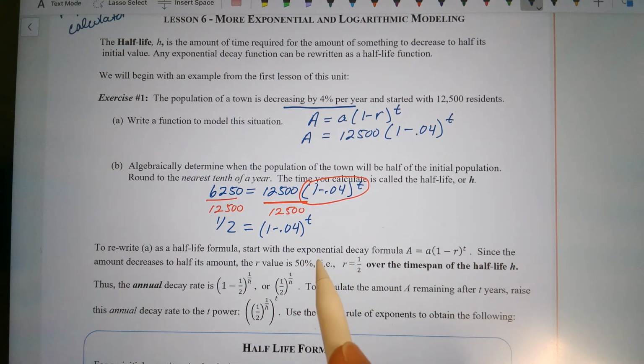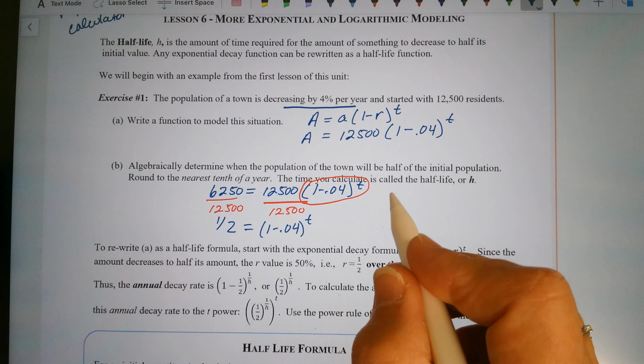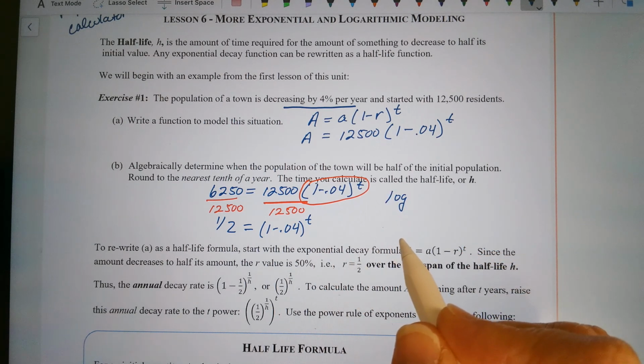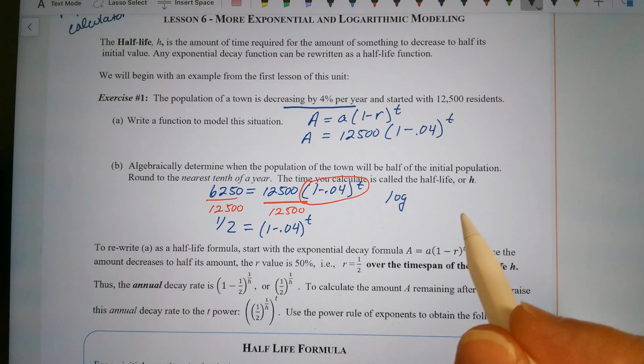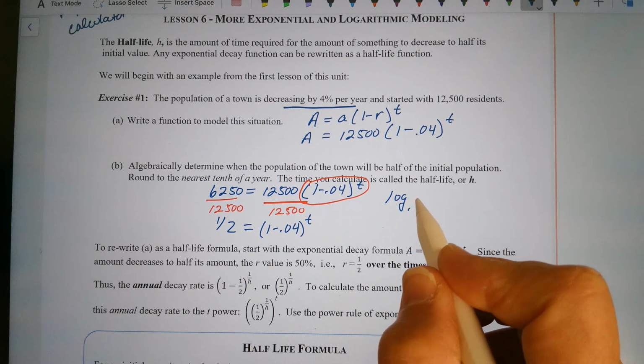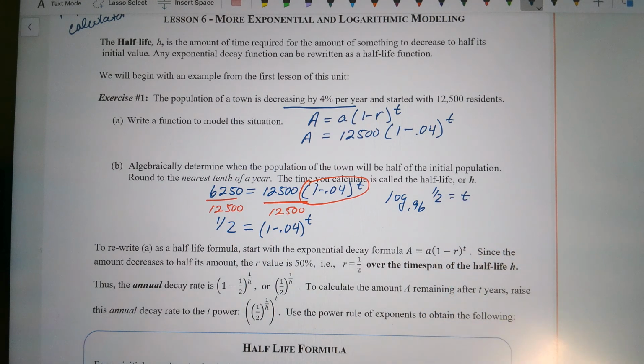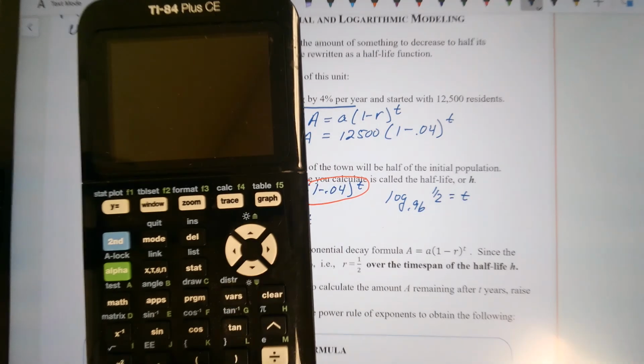Now switch to log form. Log base, well, 1 minus 0.04 is the same as 0.96. Go to the calculator.